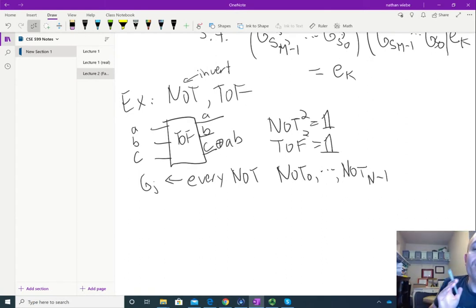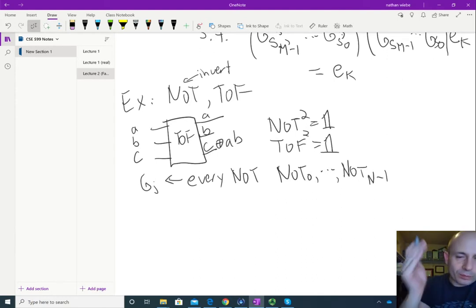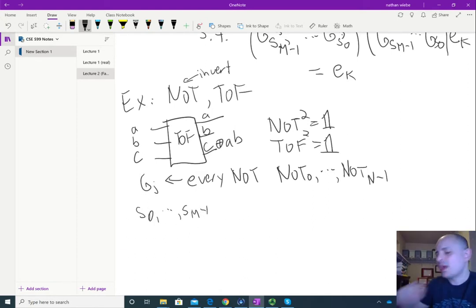So, the next thing that we need to do for this is we need to think about a sequence of gates. So let's say what we've got is some particular sequence of gates, S_0 through S_{M-1}.